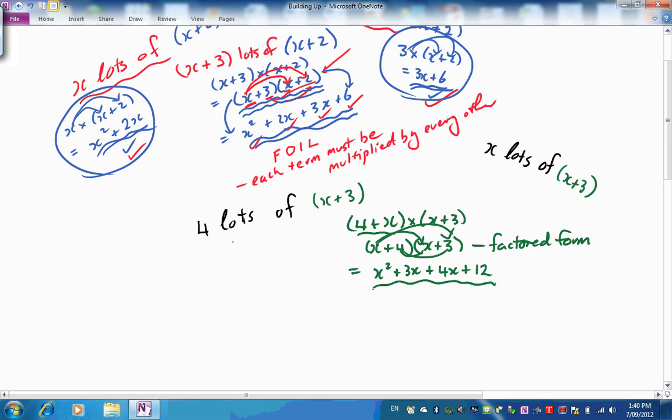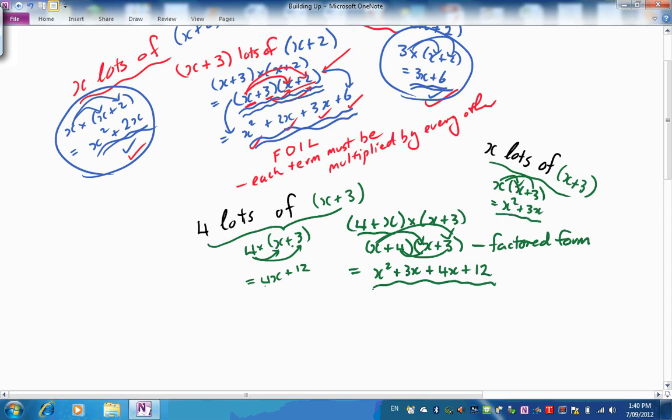Does it work coming over here? 4 lots of x plus 3 is 4 times x plus 3, which is 4x plus 12. And over on this side, x lots of x plus 3 would give us x times x is x squared, plus x times 3 is 3x.